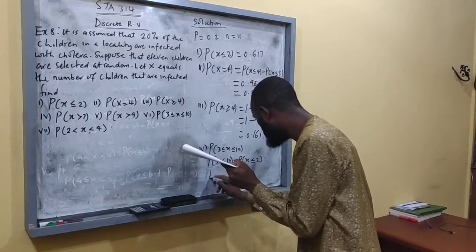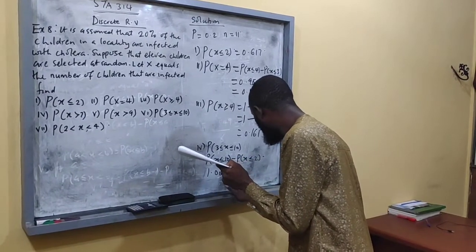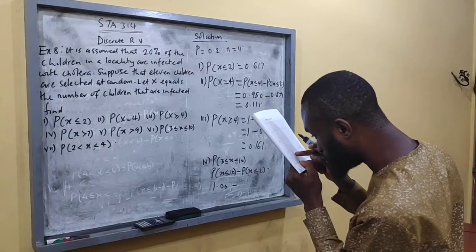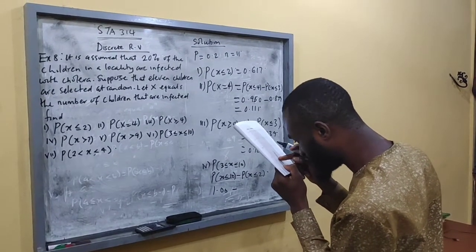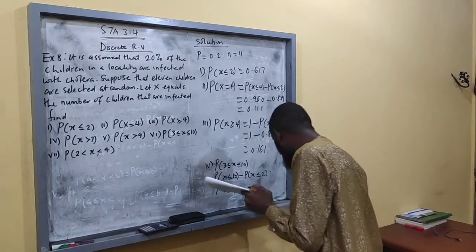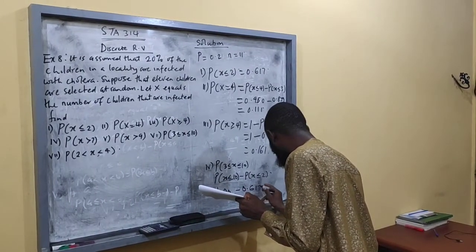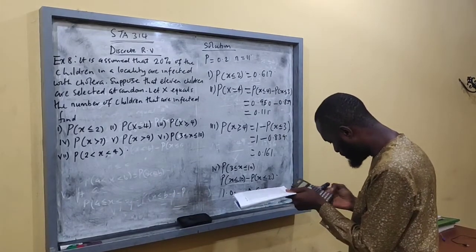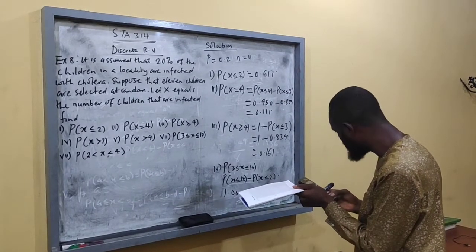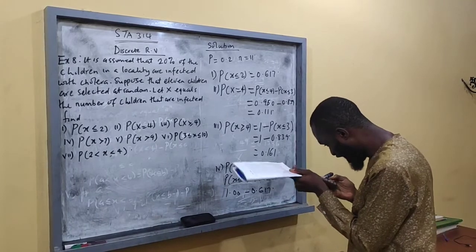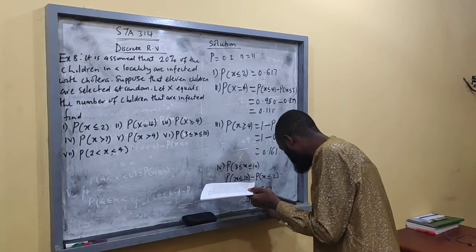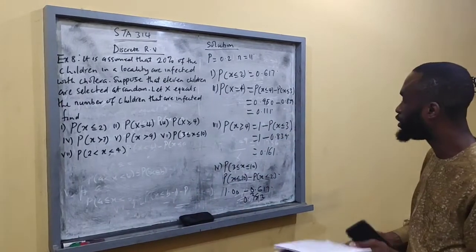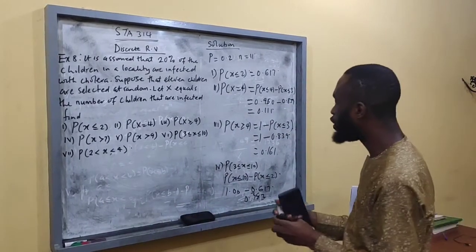That will give me 1.00 minus probability of x equals to 2. Then I trace it to 2, which is 0.617. Then if I subtract it, I'm going to have 1 minus 0.617. Then I have 0.383 as my answer for question number 4.